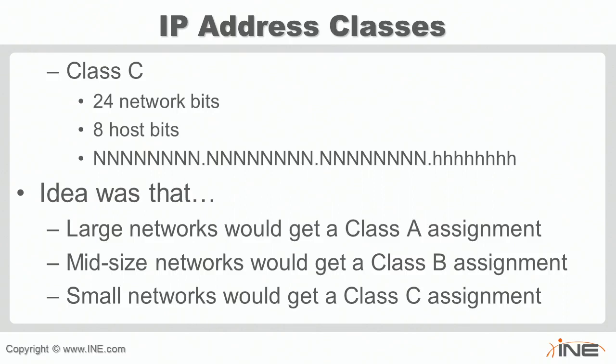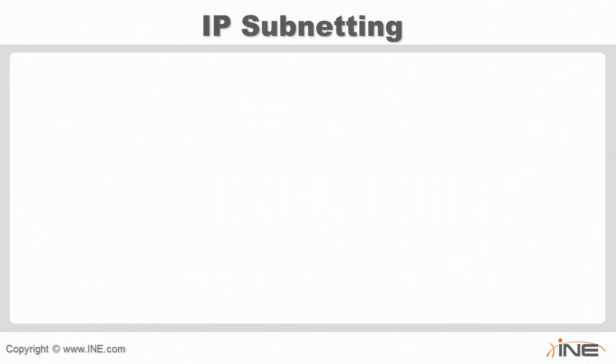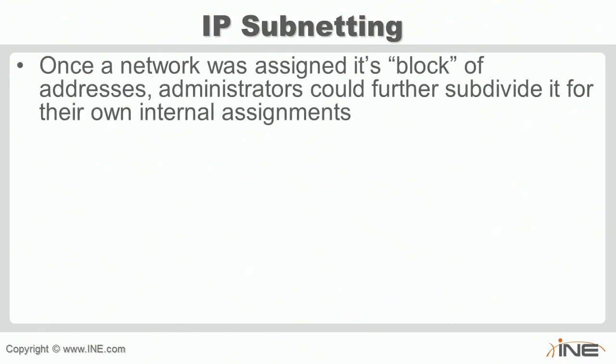But the problem then is that if we have a Class A network, it's not feasible to have 16 million host addresses. So we need some way that we can split this down into a smaller number of hosts per segment, or a number of hosts per network. And this is the whole idea of IP subnetting, where once we get assigned the addresses, or what we sometimes call our block of addresses, the network administrators can then further subdivide this for their own internal assignments.